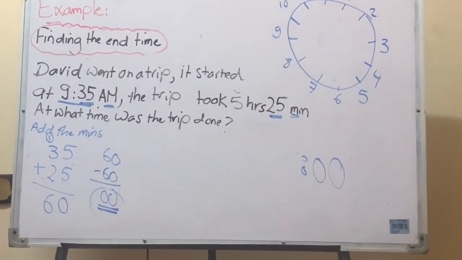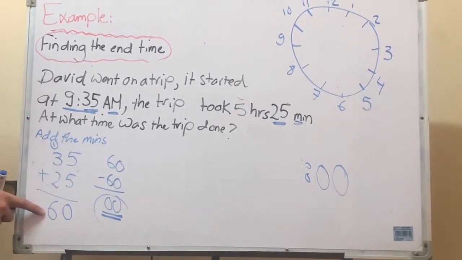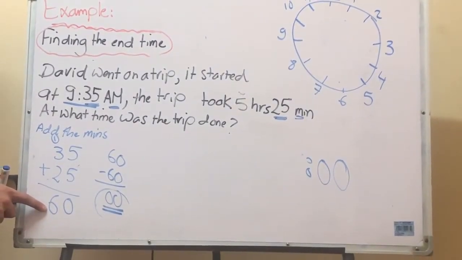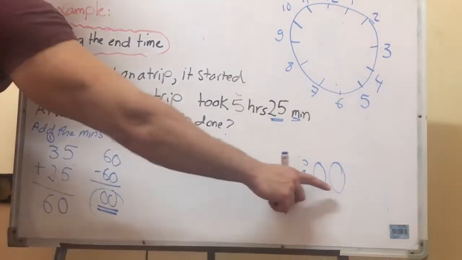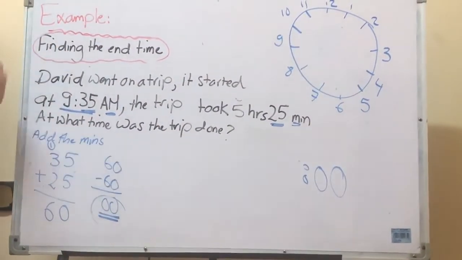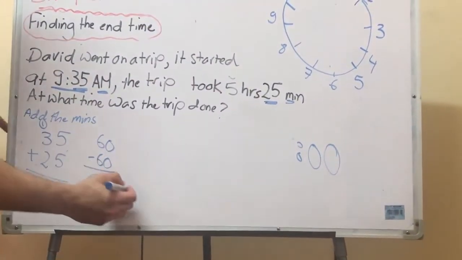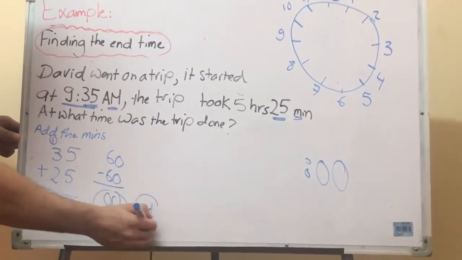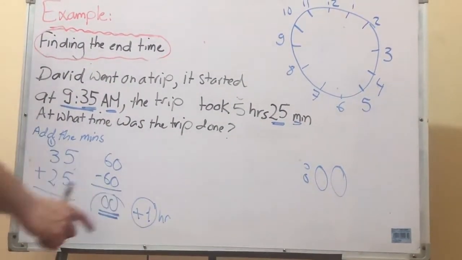Again, 35 plus 25 gave me 60. 60 minutes is a full hour. That means it's 0, 0 in the minute section, and I'm going to add an hour in the hour section as a carry up.